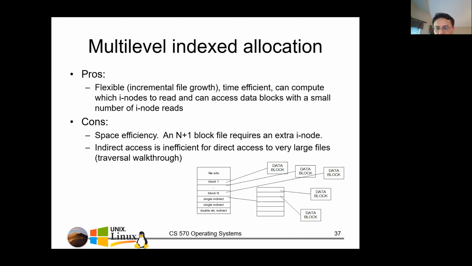Essentially, you can compute the physical location in the data blocks corresponding to the position in the file.